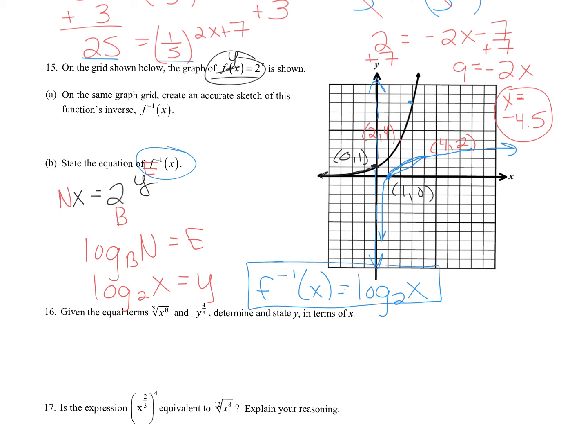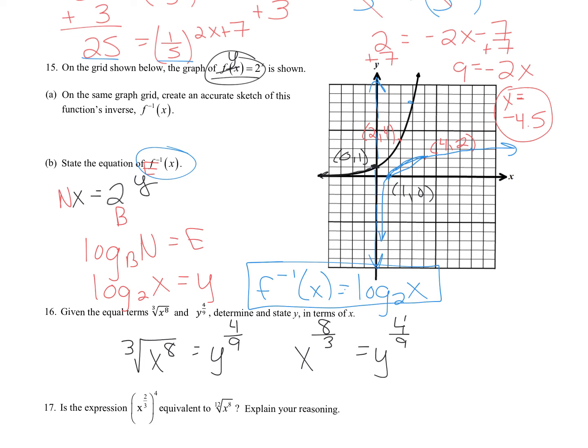So the next one, it says, given the equal terms, the cube root of x to the 8th, so we're saying they're equal, and y to the 4/9, we want to solve for y. Okay, state y in terms of x, that means solve for y. So first I'm going to put the left side of the equation in exponential form, 8 over 3.